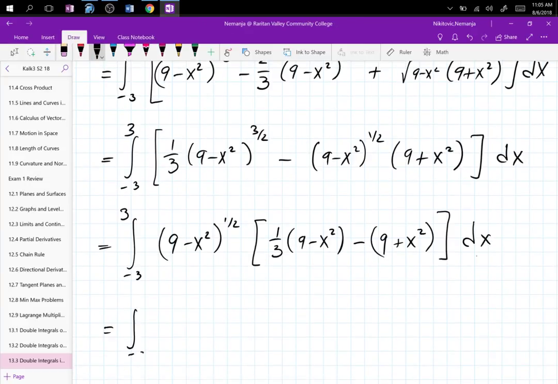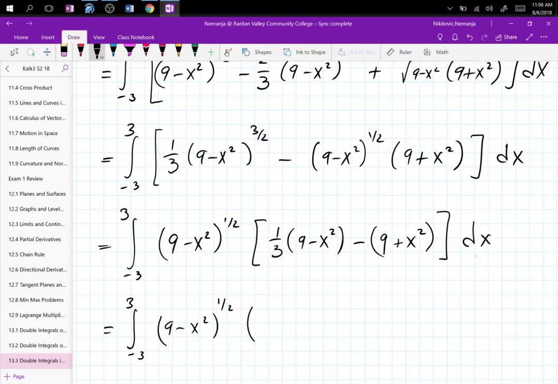So this is -3 to 3, 9 minus x squared. If you already checked out, looking at this calculation, that's fine, because this is not the way to do this.